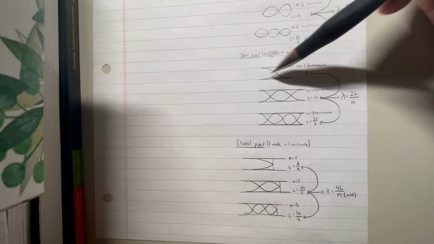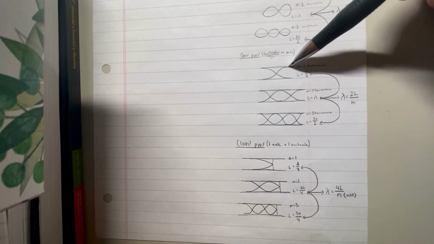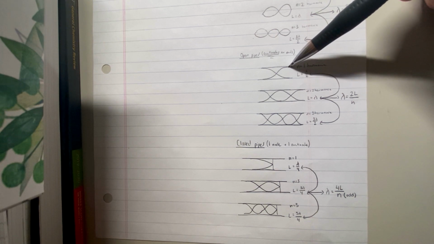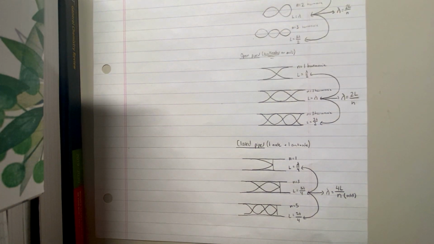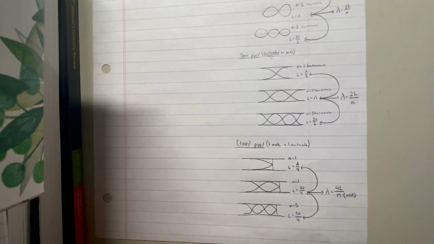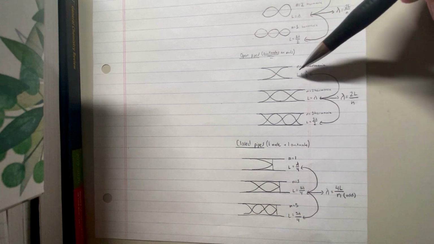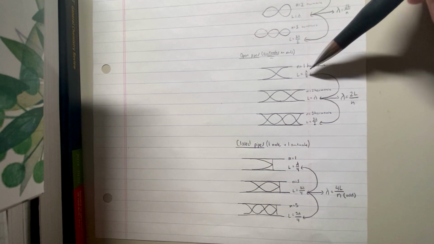Now, for an open pipe, we have antinodes on both sides. For a full wavelength, if we start here, we would need to go back to this same spot on the other side. So if we go here and end up after half of a wavelength, then the length of this harmonic is wavelength over 2.